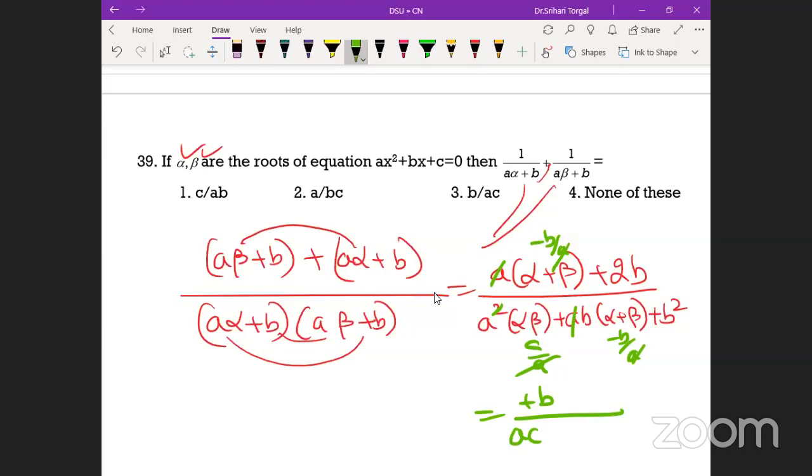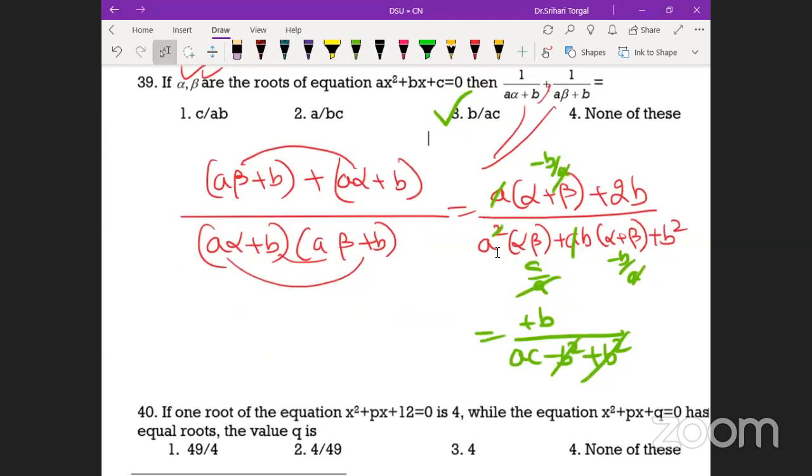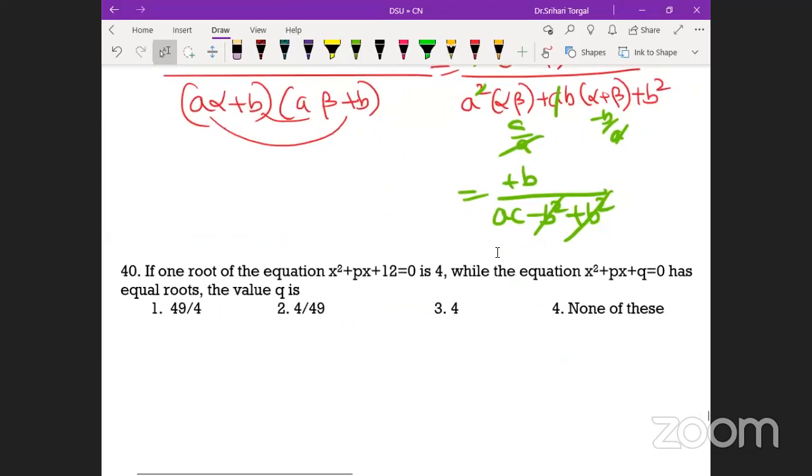Minus B into B is minus B square, and plus B square, that is cancelled. B by AC. Option 3 is the right answer. Right. So this much you have to know to simplify the equation.